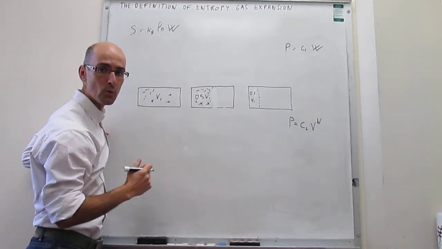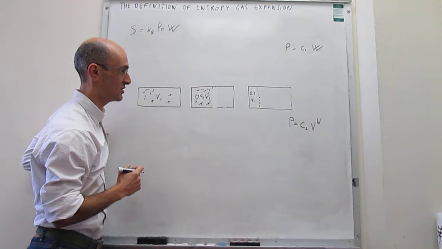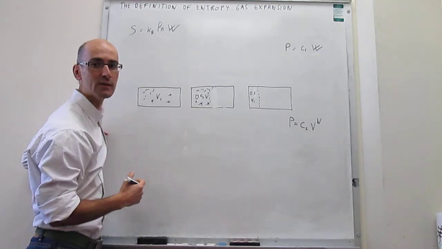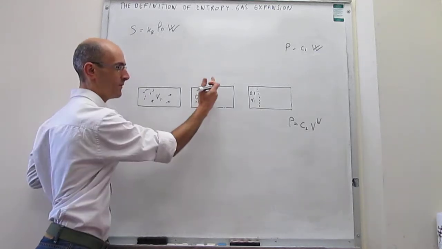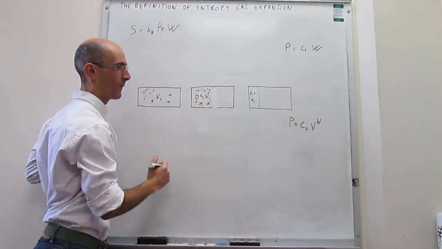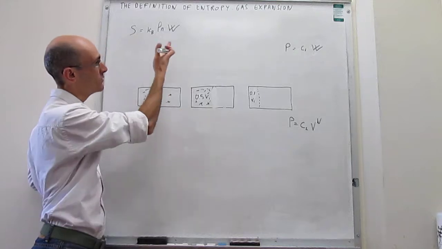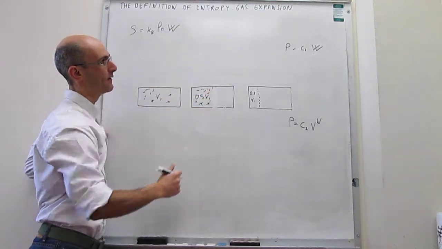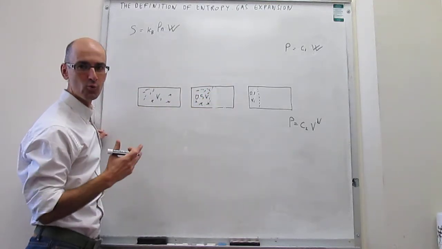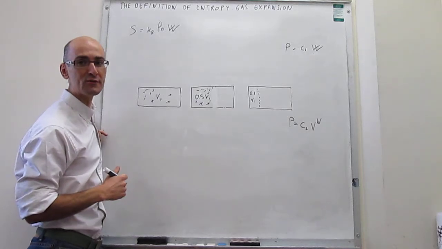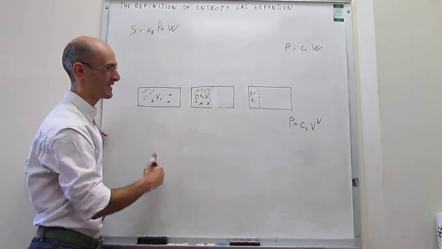That's what we'd like to have: a measure of the change in entropy in that gas expansion from just half of the volume to the entire volume of the box. So the question is, how do we use all of these pieces that we have on this whiteboard to come up with an operational definition for the change in entropy in this gas expansion?